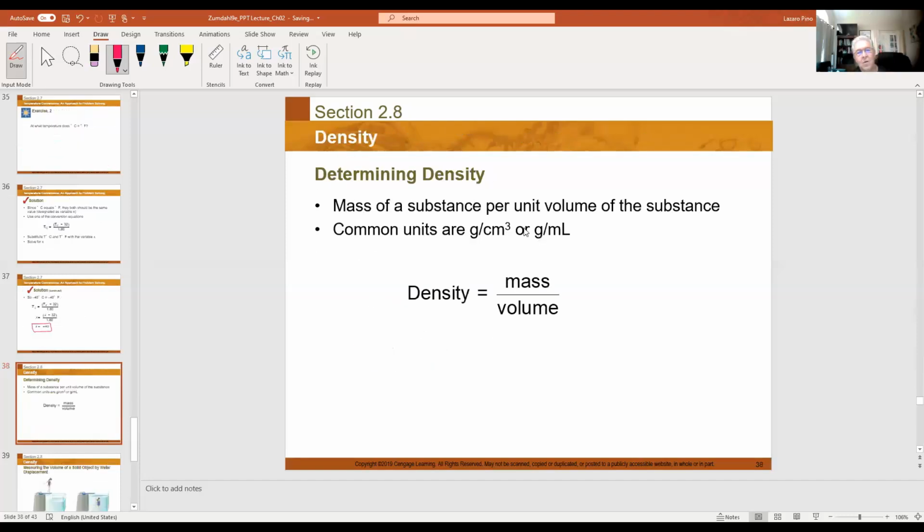Let's go to density. Density is a relationship between the mass of a body and the volume that it occupies. Generally it is in grams per cubic centimeter or grams per milliliter. Remember that 1 cubic centimeter is equivalent to 1 milliliter.